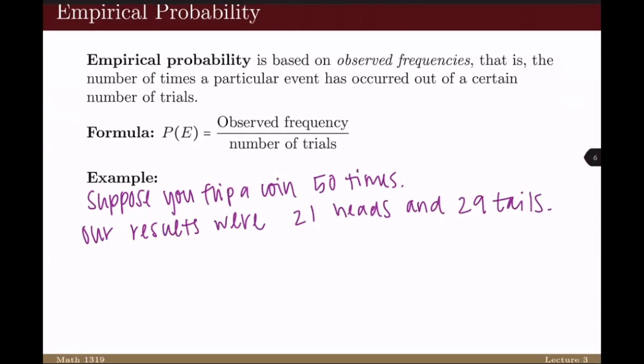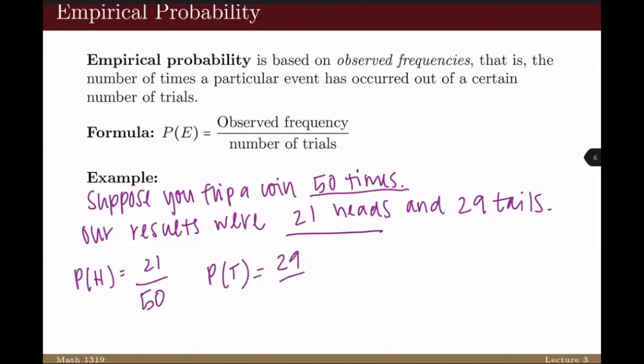So then we would use this data and say the probability of flipping heads is 21 out of 50, because we observed 21 heads and we flipped a coin 50 times. So that gets us the observed frequency divided by the number of trials. Similarly, if we wanted to know the probability of flipping tails, we would say that was 29 out of 50.